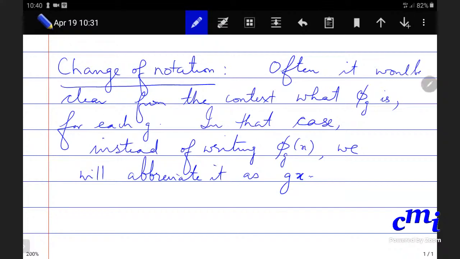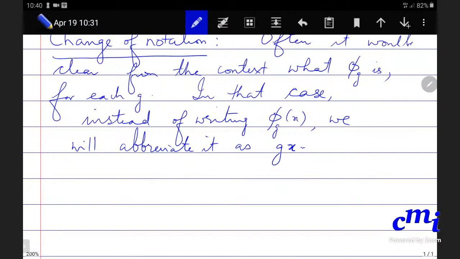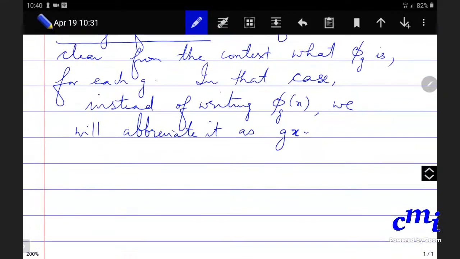Last time I said I would not introduce this notation, but while preparing today's lecture I realized that without it most of the things I write would be cumbersome, tedious, and would not carry any information. Once we understand that this is what we mean by gx, it's okay.